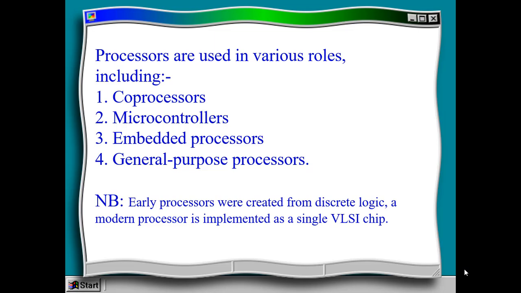And then the last role is the general purpose processors. The general purpose processors are the most familiar, and they're used in the day-to-day operations of computers, and these are the most common in our day-to-day life.